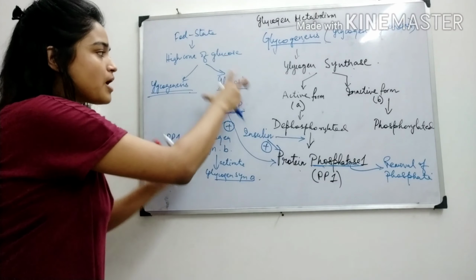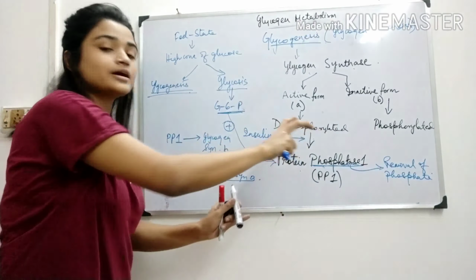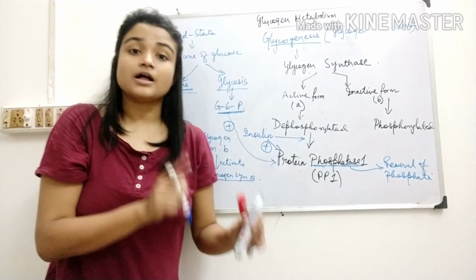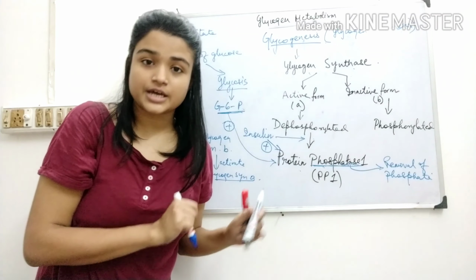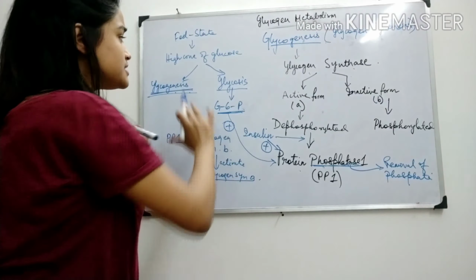So some part will go into the glycolysis pathway to provide energy to the cells, and the excess will enter the glycogenesis pathway to form glycogen. So this is how glycogenesis is regulated by the hormone as well as this enzyme.